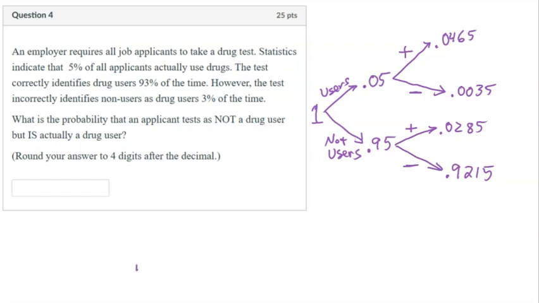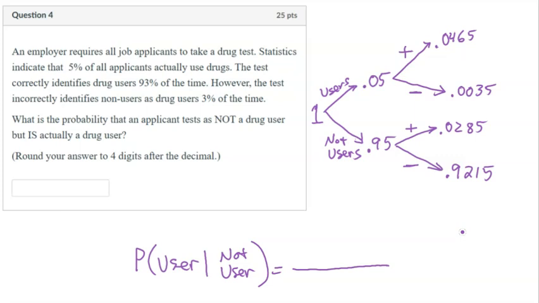So that's the probability that they are a user given they tested as not a user. Out of all the people that test as not a drug user, who is actually a drug user? Now remember, we're going to put these in the denominator.